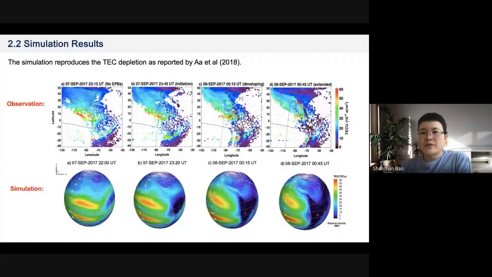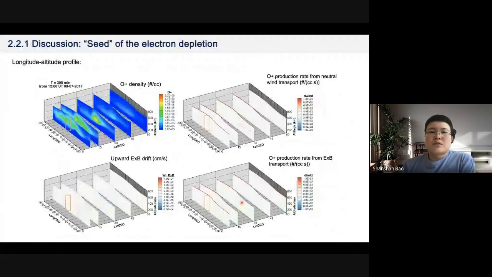The top panel from the observation is a snapshot taken at a similar time, as a demonstration that we reproduce this phenomenon. First, we were curious what causes the seeding of this electron depletion.